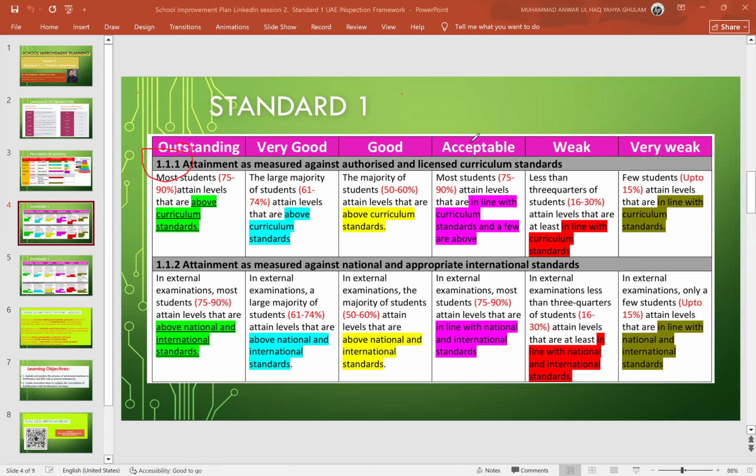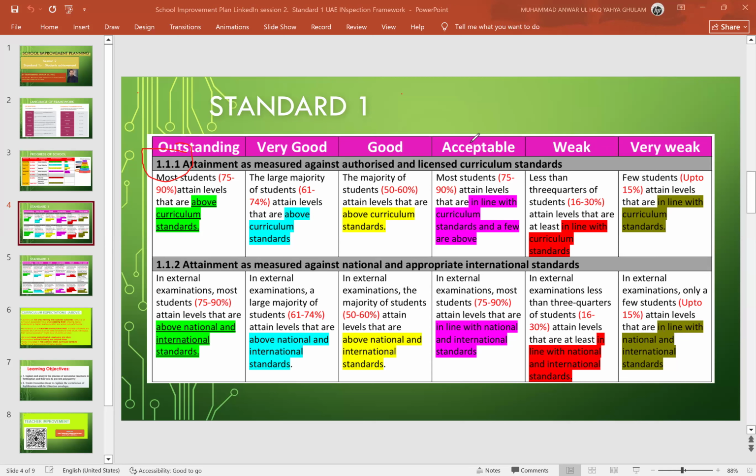Normally in schools, students perform really very high in internal assessment, but when it comes to international benchmarks like PISA, MAP, PIRLS, or the final exams for British curriculum schools, there is a gap. So this standard helps us to evaluate how the attainment of internal assessment is related to the external assessment.